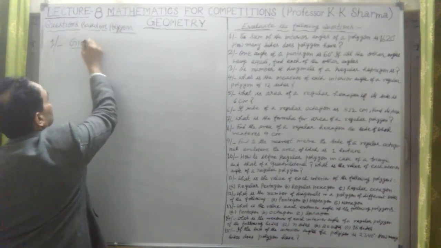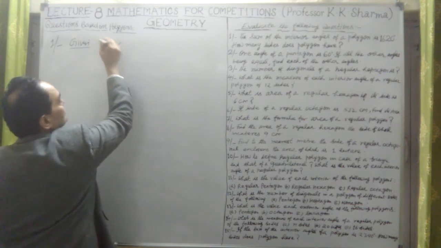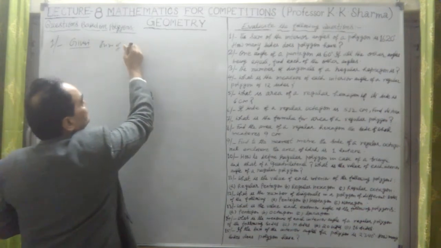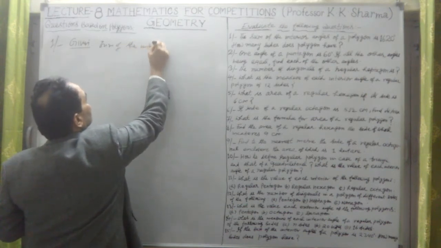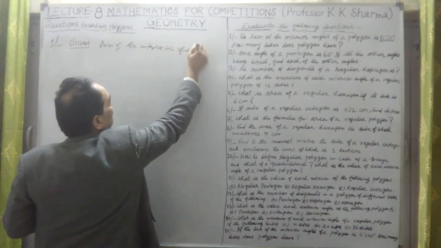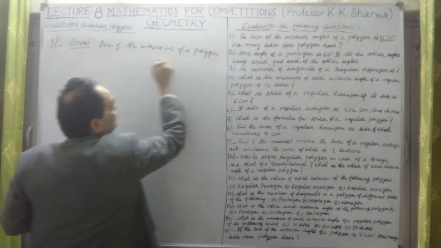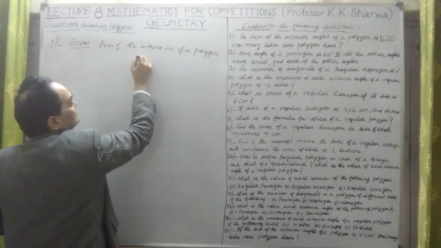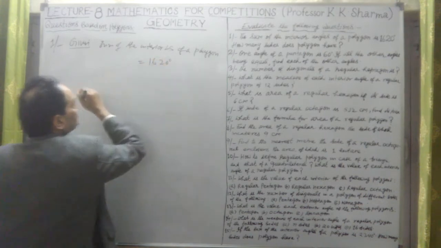We are given the sum of all the angles, the sum of the interior angles of a polygon, is equal to 1620 degrees.